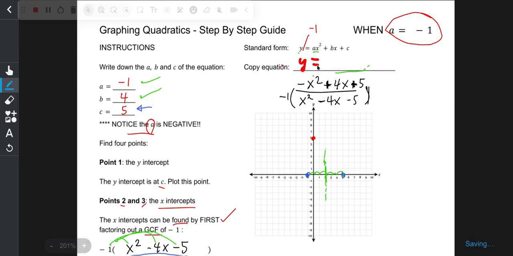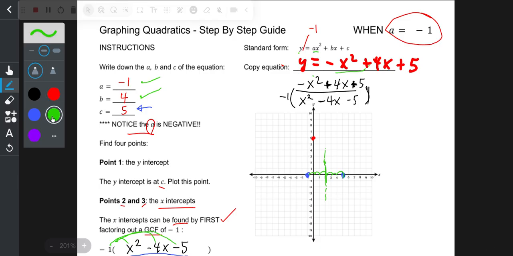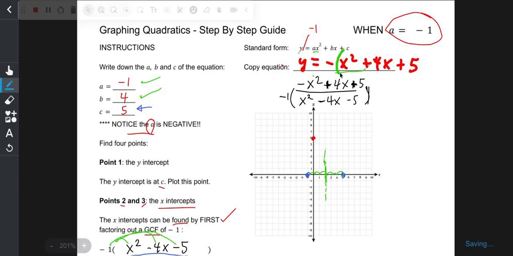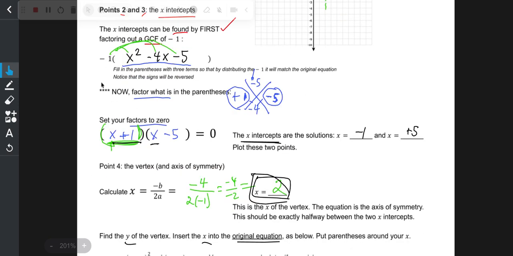The original equation was y equals negative x squared plus 4x plus 5. So we've got to take the x, which was 2, and square it before we make it negative. That's why it's important to put it in parentheses.